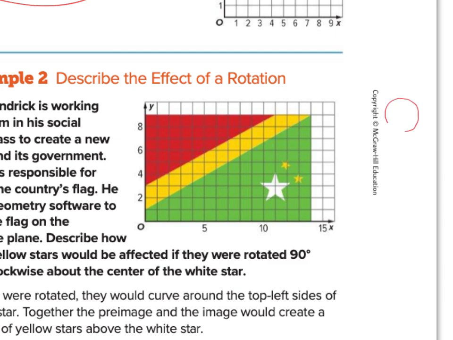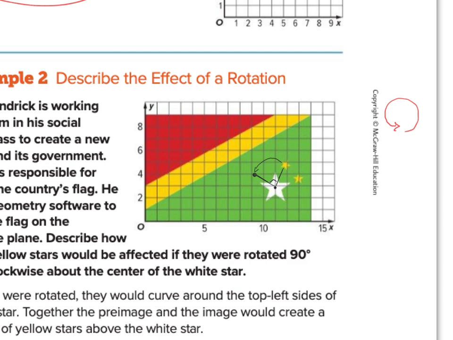Counterclockwise is this direction. So if those stars, let's see, we're going to go around that. If I rotate 90 degrees counterclockwise, that star should end up over here because we're going to travel that 90 degrees.